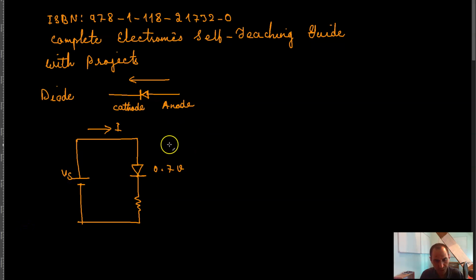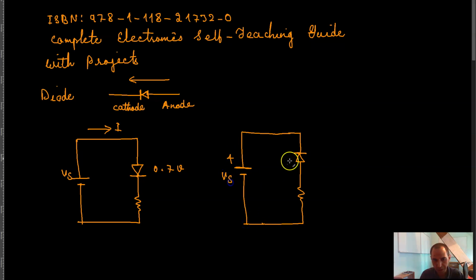On the other hand, if you have a diode that is connected to the power supply this way, meaning that this is positive, and suppose that I connect the positive to the cathode, and then the anode through a resistor goes to the negative of the power supply, then you have no current going through your circuit because your diode is reverse biased.